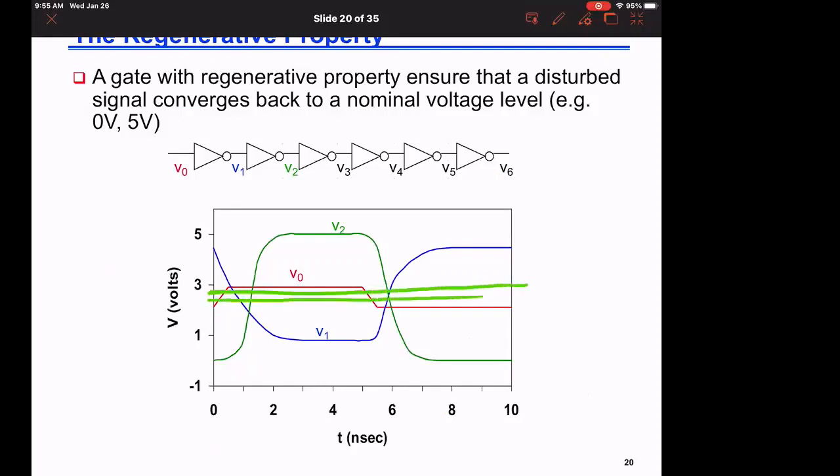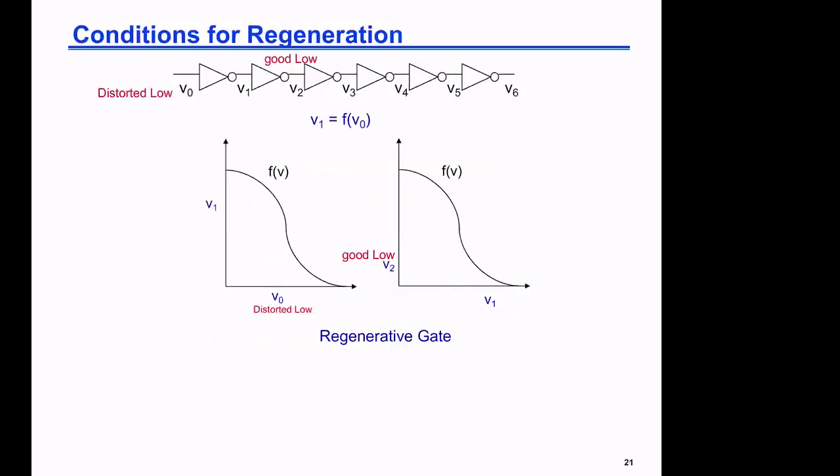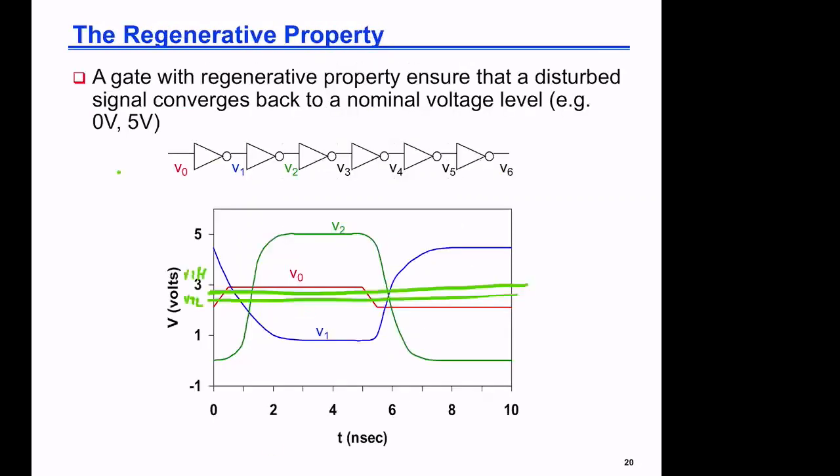I mean, if we assume that these two lines are VIL and VIH, V0 is on the good side, but it is not very high. What happens in the circuit is that this is a weak signal, and it is a bad low or high.